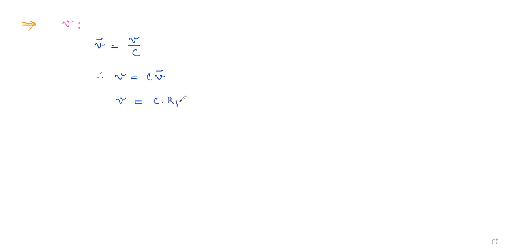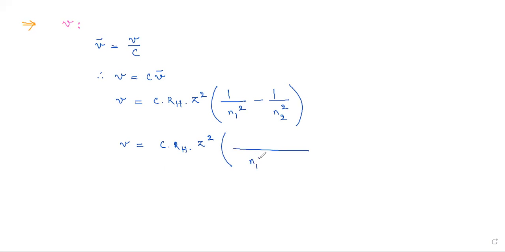C into nu bar, which is RH into Z square into, of course, 1 by N1 square minus 1 by N2 square. So therefore, nu is equal to, let me write the final expression, C RH into Z square, then N1 square into N2 square in the denominator, and in the numerator it will be N2 square minus N1 square. So this is the expression for calculating the frequency of spectral light.